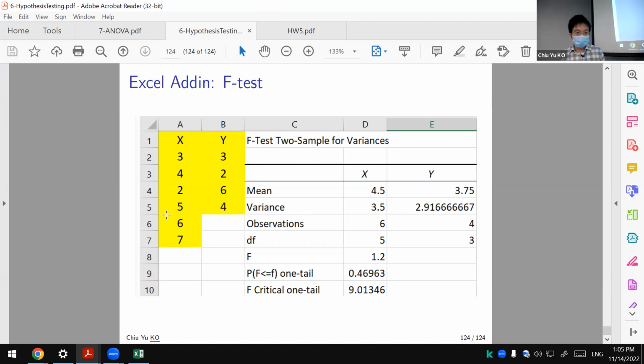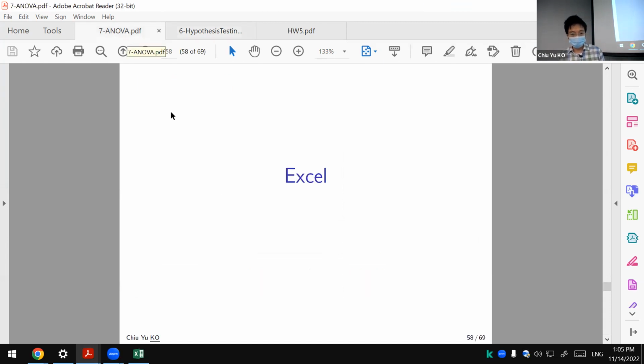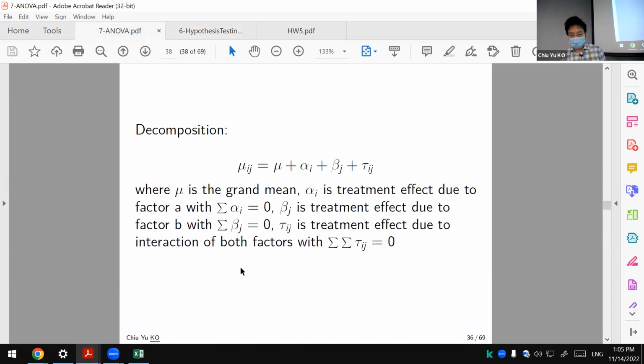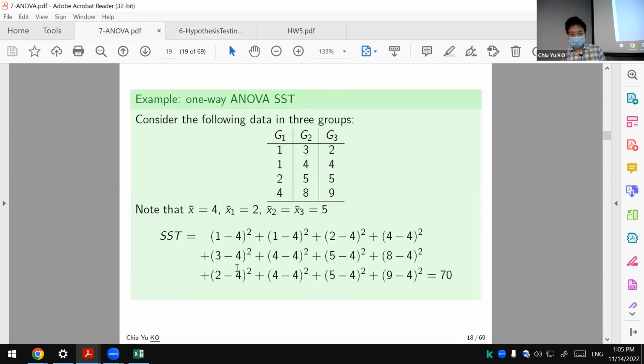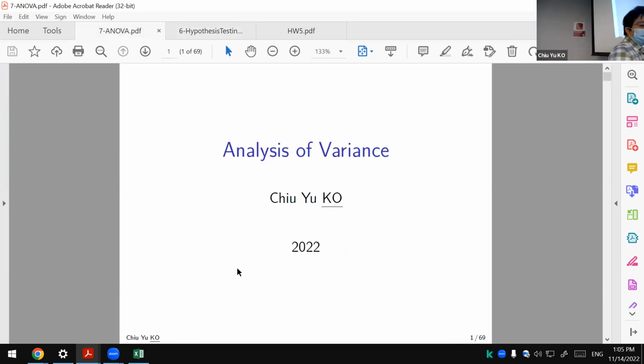I think ANOVA is more fun. The topic here, ANOVA, is actually short for analysis of variance. That's why it's called ANOVA.